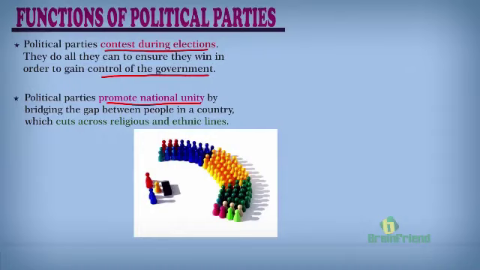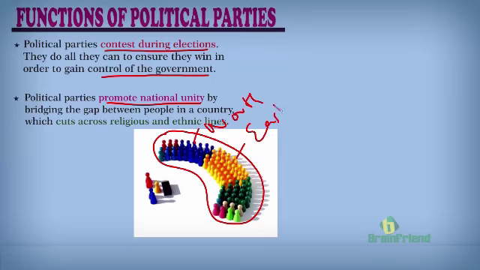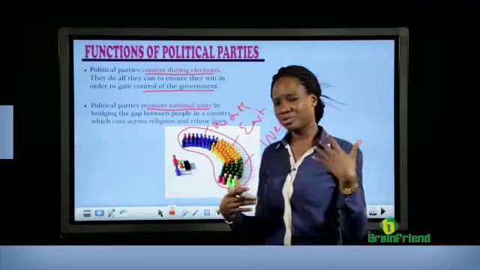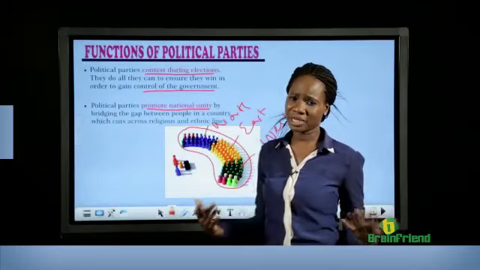One other function of political parties is to promote national unity. And in promoting that, it bridges the gap, like we see here. This represents people from different tribes. Let's say this represents people from the north, from the east, and from the west. What the political party does is that it brings them together and then bridges every gap that tribe or religion must have created.